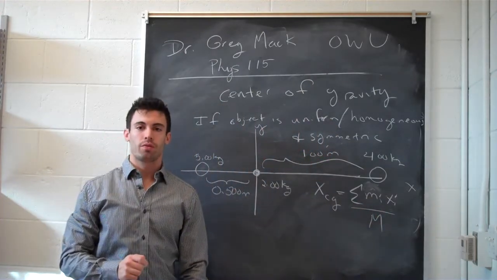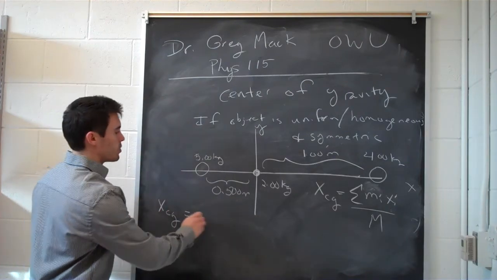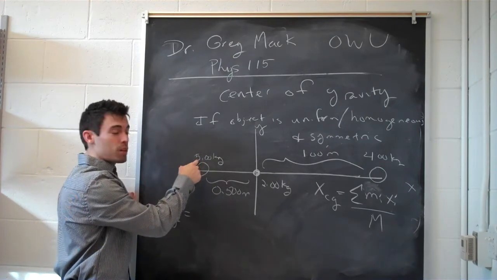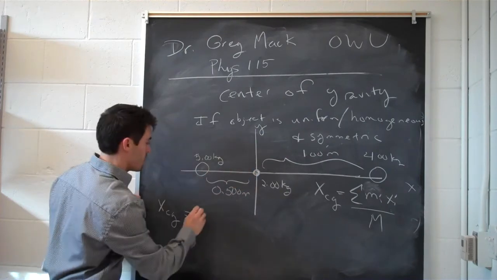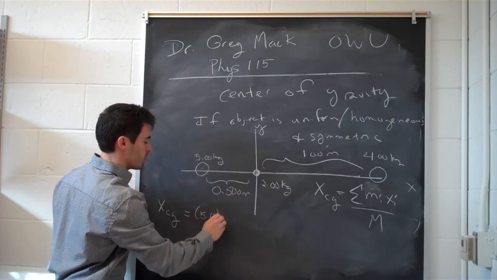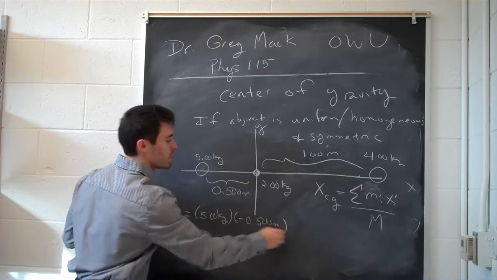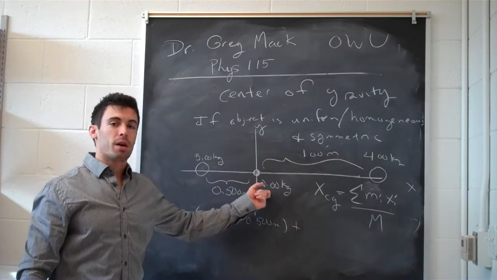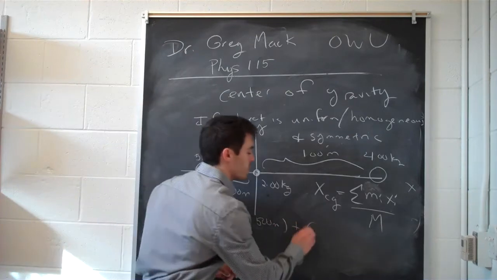So that is the 5.00 kilograms times negative 0.500 meters, since our origin is right there. The next one is the 2.00 kilogram mass, but its coordinate position is 0, so that gives us 0.